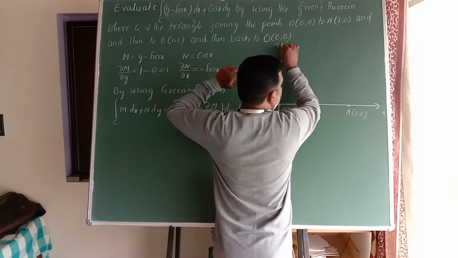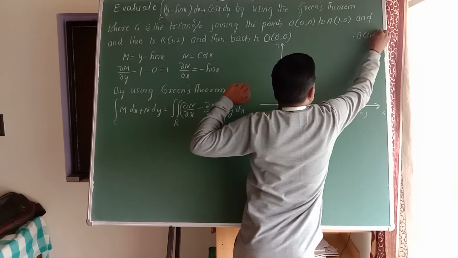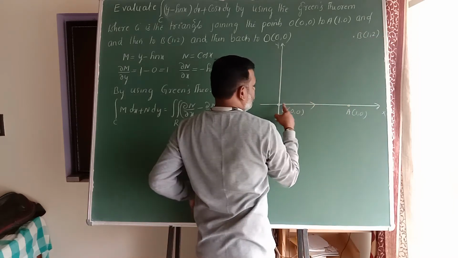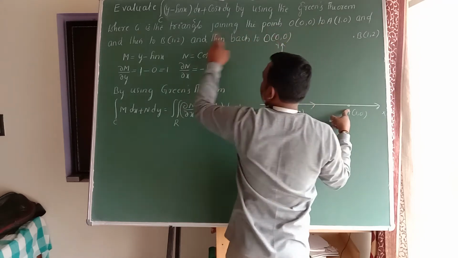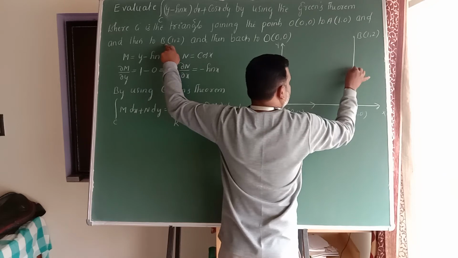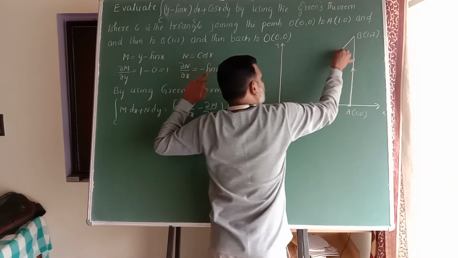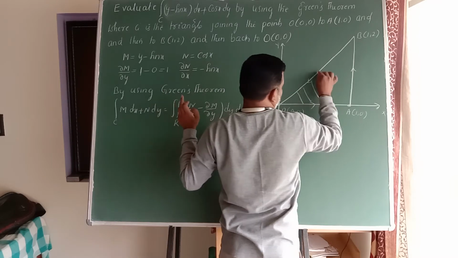So the path goes O to A, then to B, and then back from B to O. This is the region.